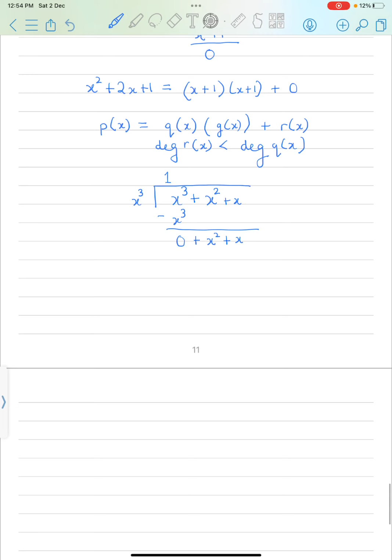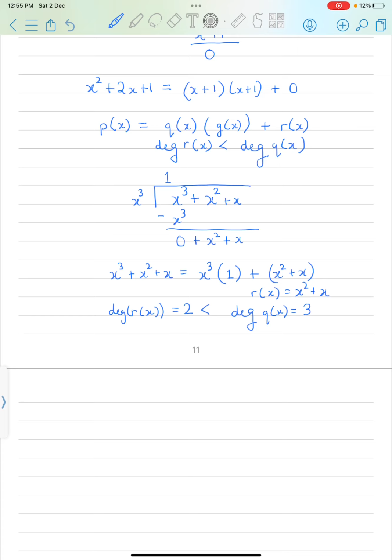So in this case, p(x) is x cube plus x square plus x, which is equal to x cube into 1 plus remainder x square plus x. So r(x) is x square plus x, and the degree of r(x) is 2, which is less than the degree of q(x), which is equal to 3.